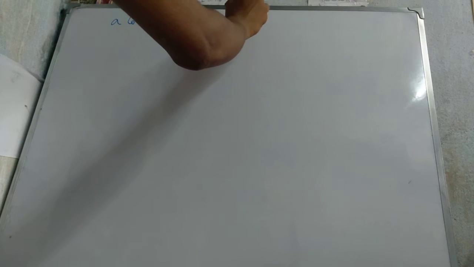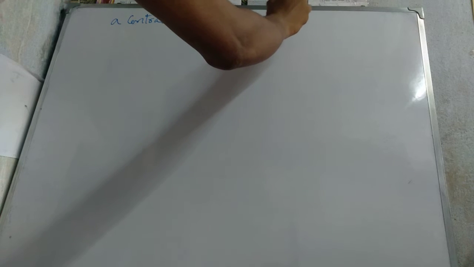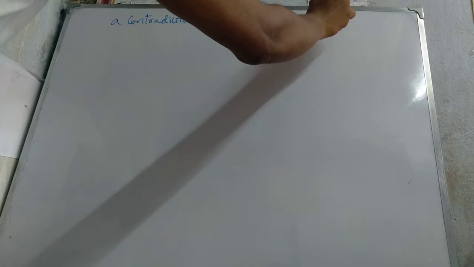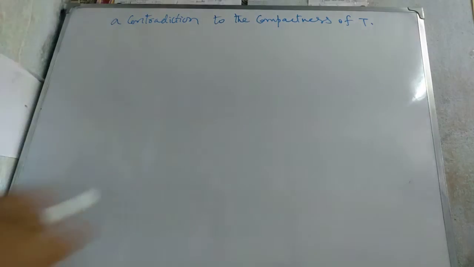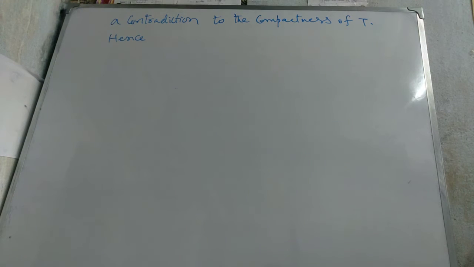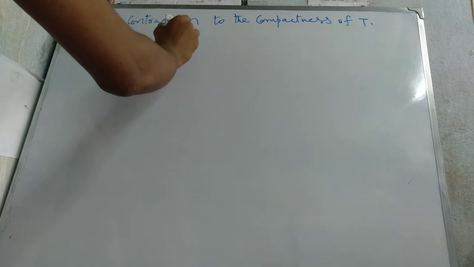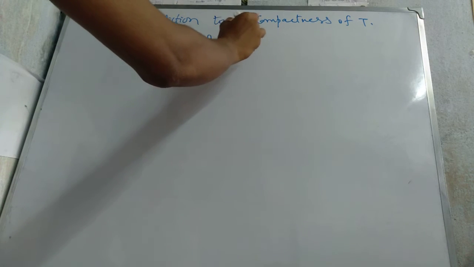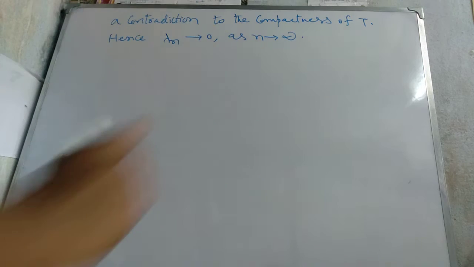This is a contradiction to the compactness of T. Hence lambda n tends to 0 as n tends to infinity.